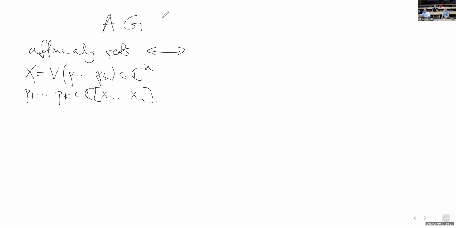On the other hand, we have affine algebras. These are C-algebras over the complex numbers. What does it mean? It means finitely generated, commutative of course, and reduced.